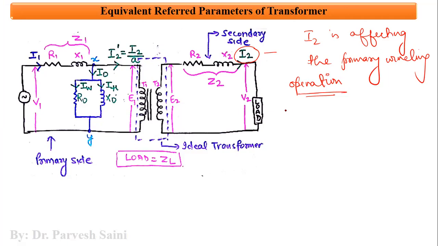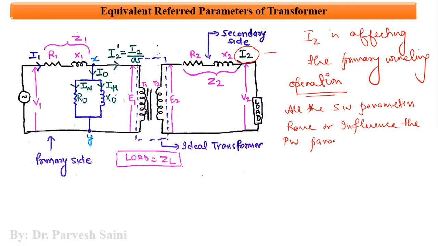We can say that all the secondary winding parameters influence the primary winding parameters or working, and vice versa, right? Vice versa means primary winding parameters also influence the secondary winding working, right?